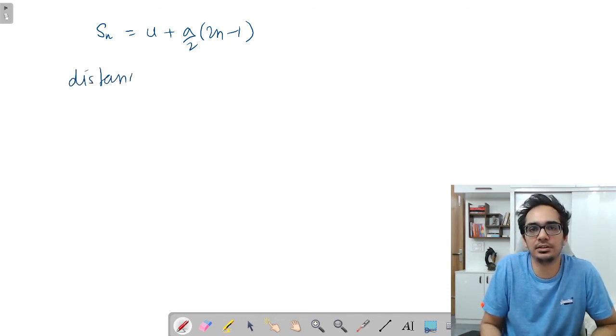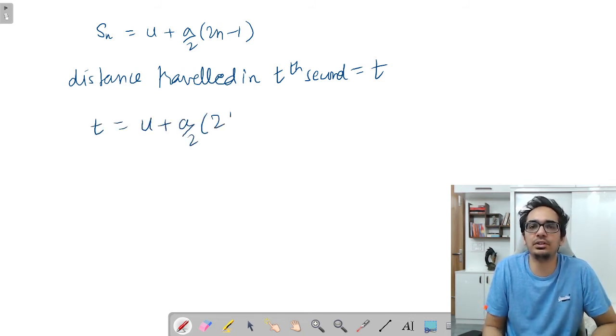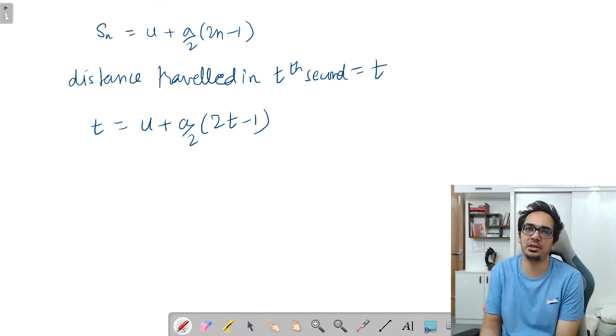Instead of nth second, tth second is equal to t, as given in the question. So t is equal to u plus a by 2 into 2t minus 1.